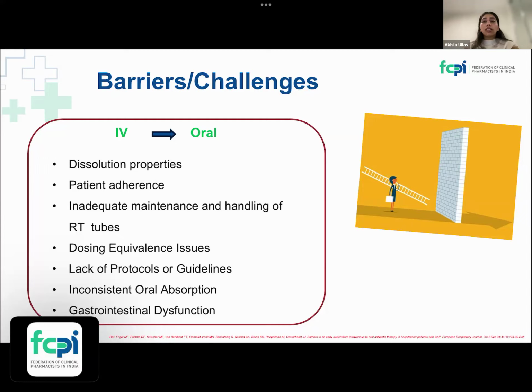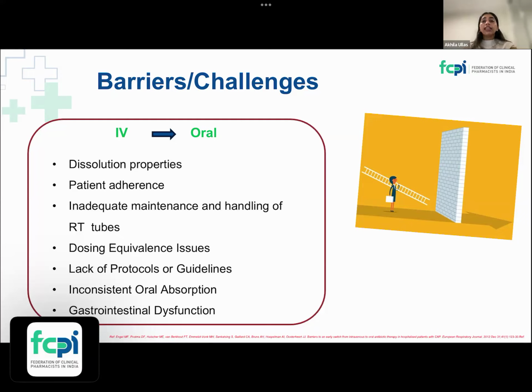Sometimes the patient does not want the oral formulation. They may have ICU delirium, which is common in ICU patients, and psychological impact, and there may be inadequate maintenance and handling of the RT tubes.